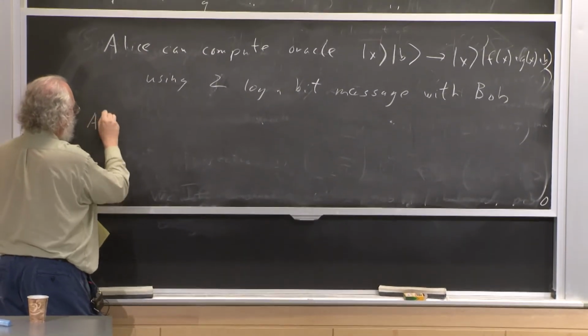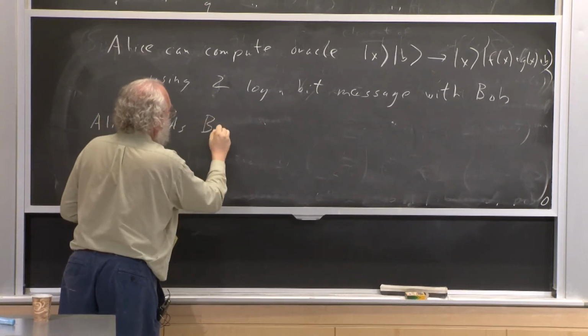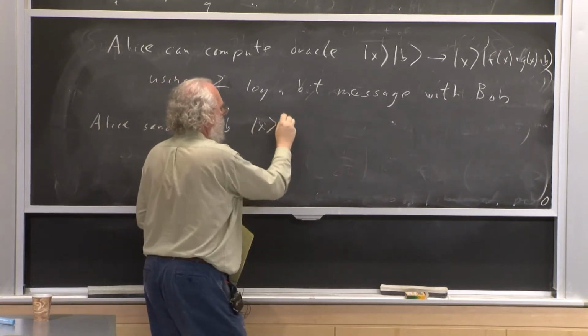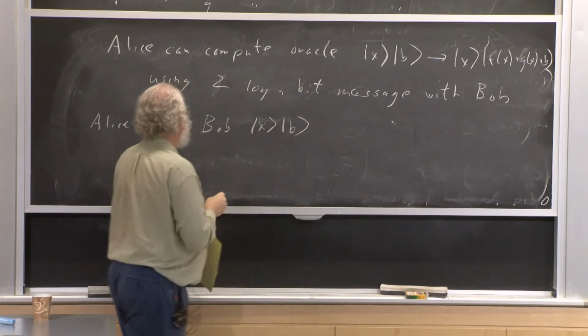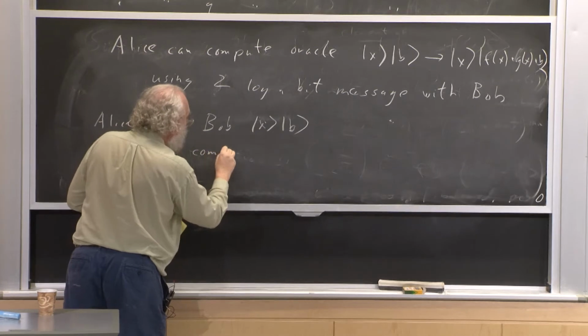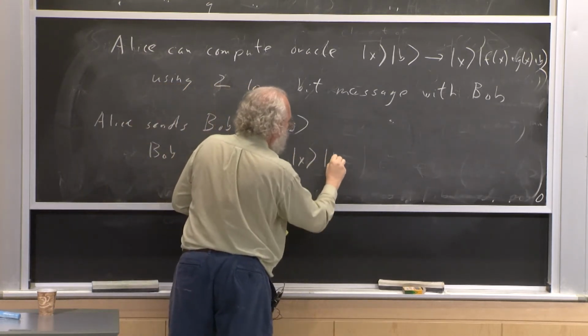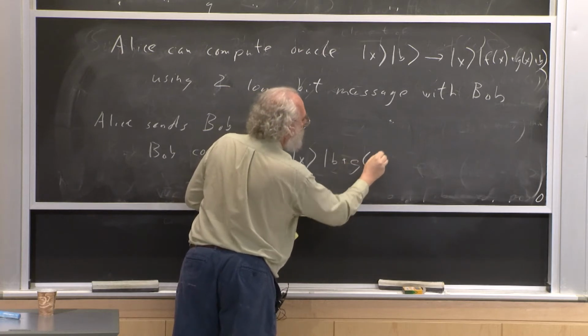So Alice sends Bob x b. Bob computes x b plus g of x.